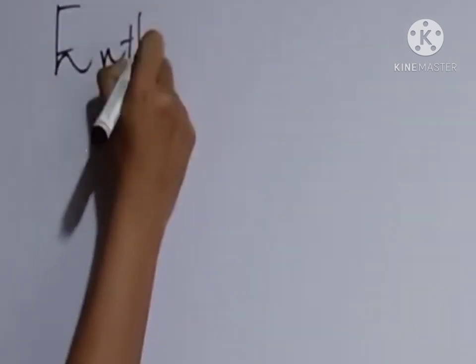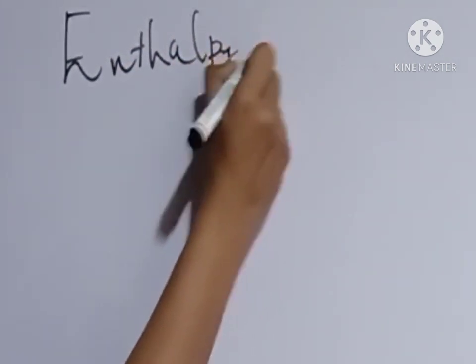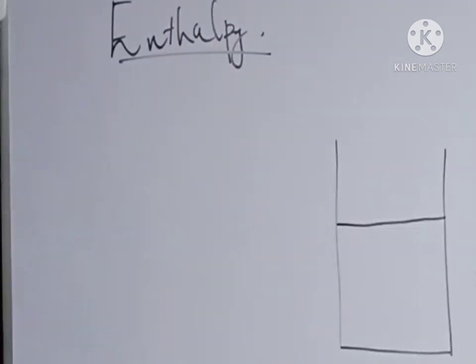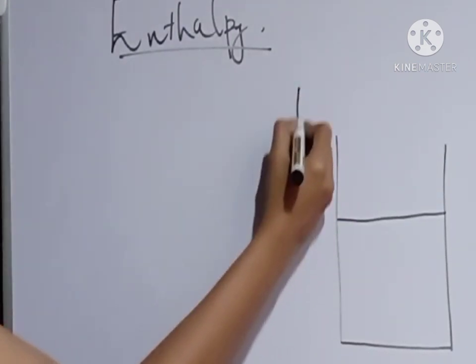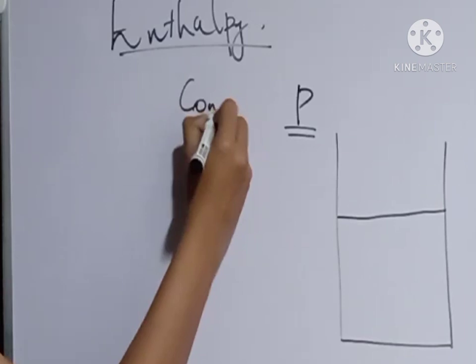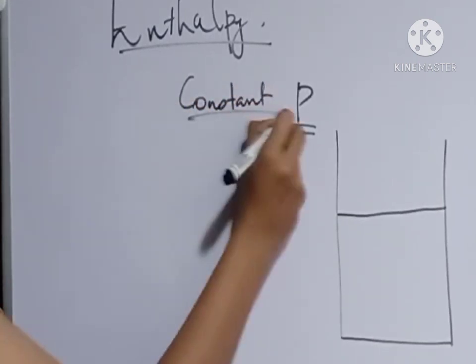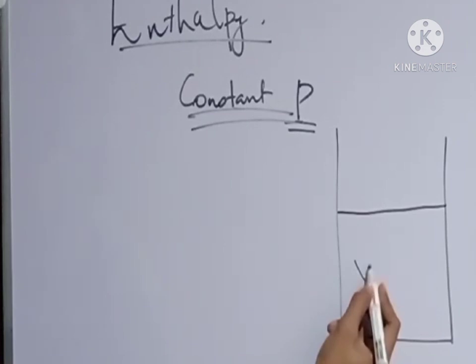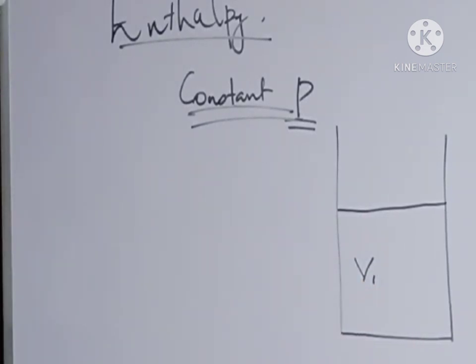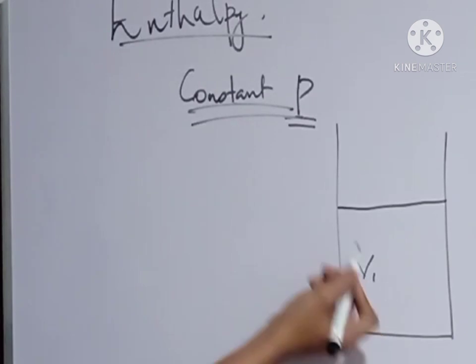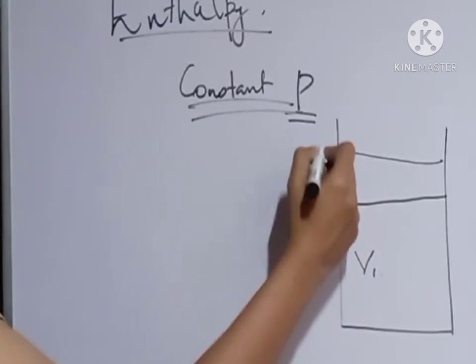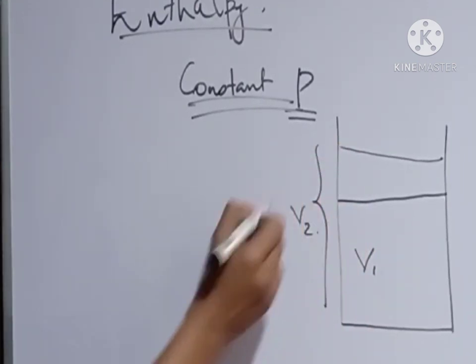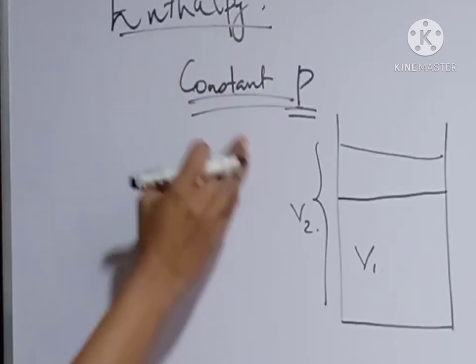Now we are going to introduce a new term, which is enthalpy. Here we are going to consider a system in which the pressure is constant. There is no pressure change. Consider the volume of the system is V1, the initial volume, and from this initial volume the system is converted to a final volume V2, but there is no pressure change.